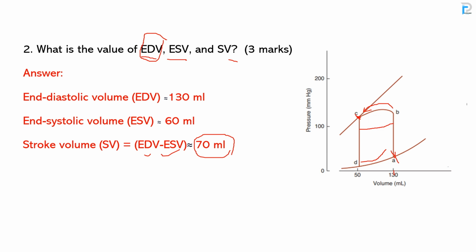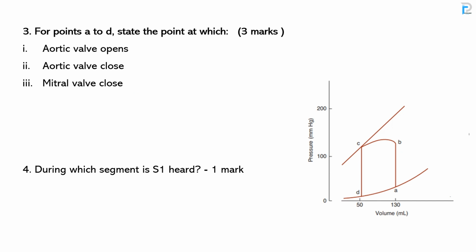Coming to our question number 3. It asks about four points, A to D. State the point at which the aortic valve opens, the aortic valve closes, and the mitral valve closes.